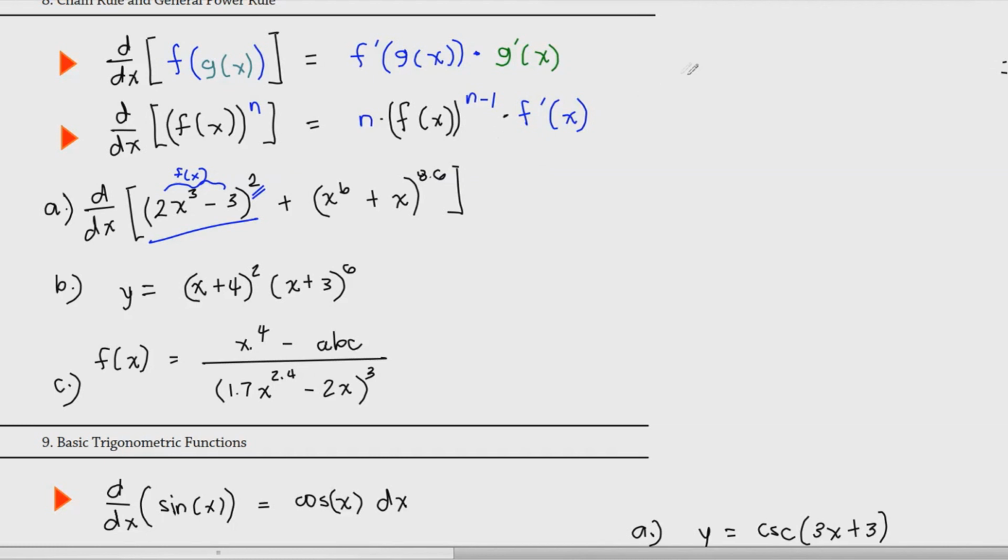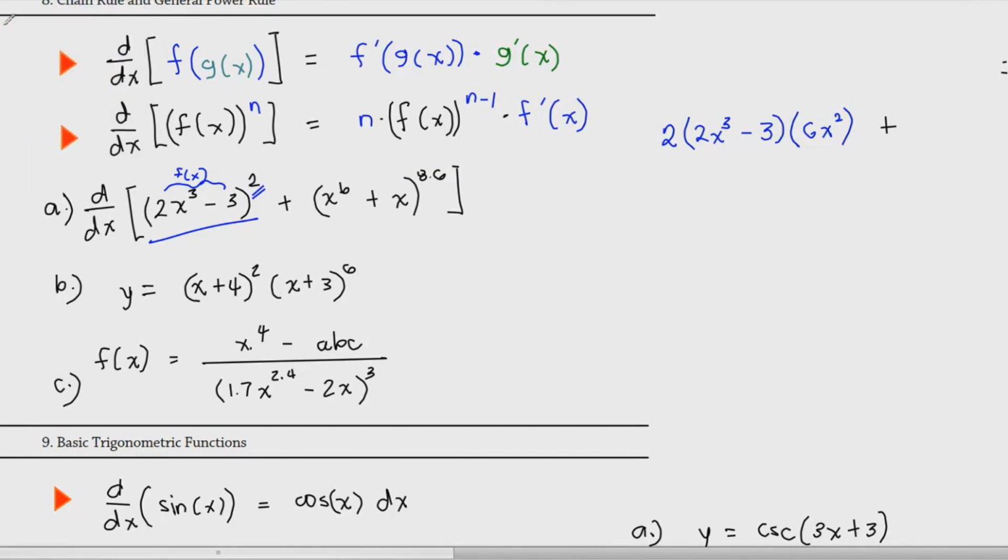So the derivative of this would be 2 times (2x cubed minus 3), and then 2 minus 1 would be 1, and then it's not yet done. We need to take the derivative of what's inside here, so we get 6x squared. That is 2 times 3x squared, which is 6x squared, and then minus 0. So the derivative of this function here is this one. Now we add, since the operation is addition, and then we take the derivative of this.